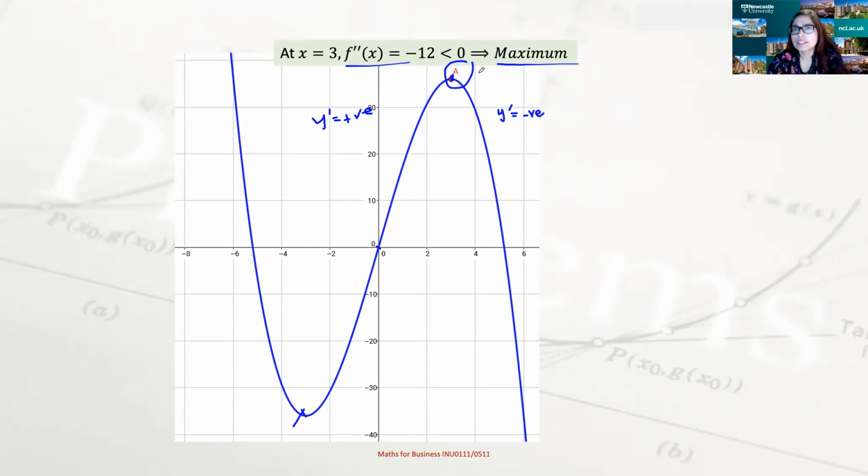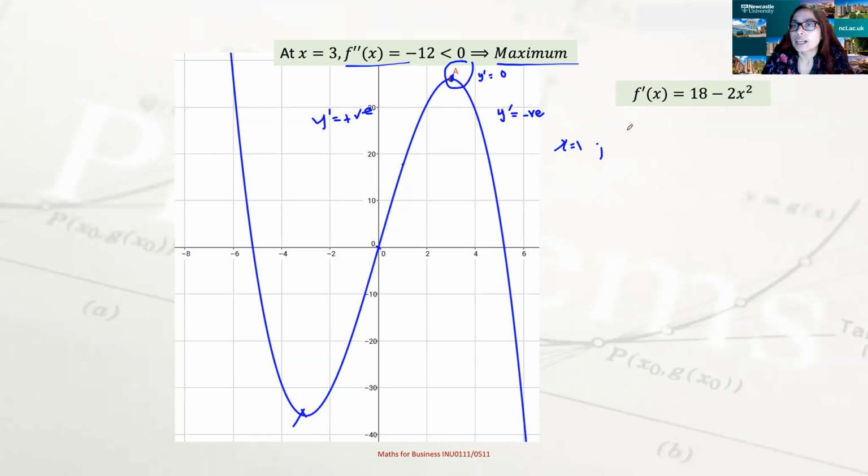And the first derivative at this point, a, will be 0, isn't it? You just have to substitute a point here in the first derivative. So if I substitute, for example, let me take 1. If I take 1 for x, x is equal to 1 is on this side of the stationary point.